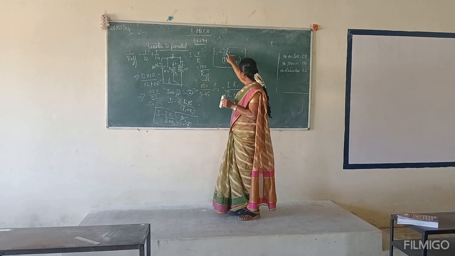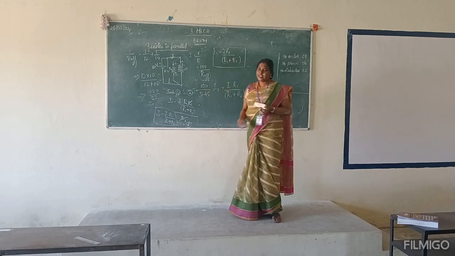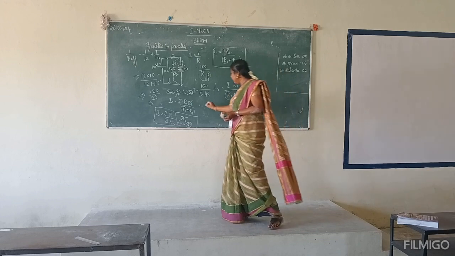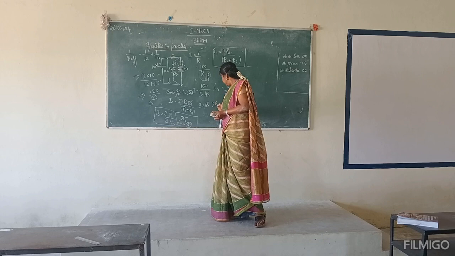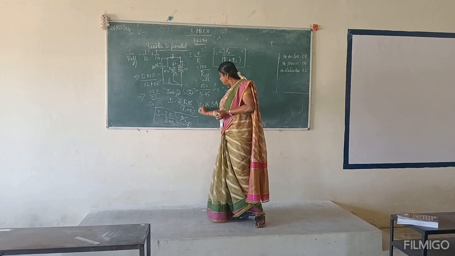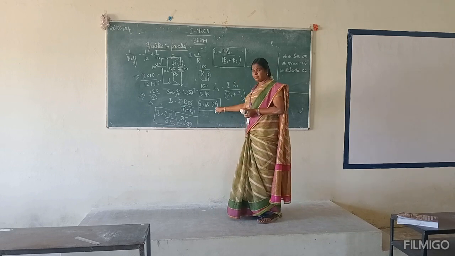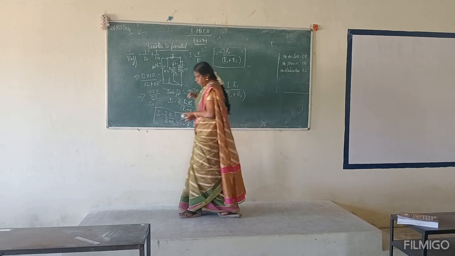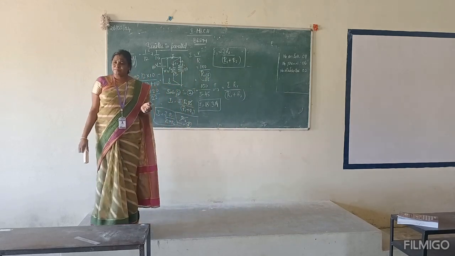Again, you found out current here, substitute here and find out current. Clear? This is 18.3 ampere. Remember, the current you get should be the addition of these. If it is not the addition of that, then there is something wrong in your calculation.